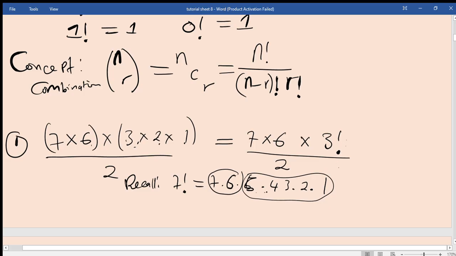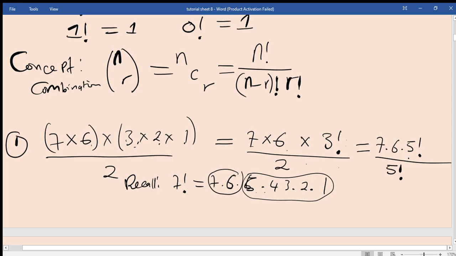So this is just as good as 7 multiplied by 6 multiplied by 5 factorial, for this to become a 7 factorial. But whatsoever I do on top, I also do down. So even down I also include the 5 factorial, so that we don't change the meaning of this. So 5 factorial divided by 5 factorial can cancel out.